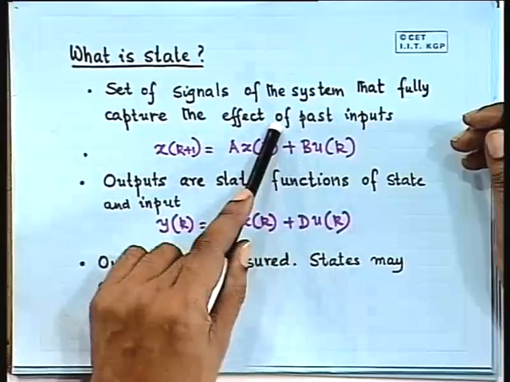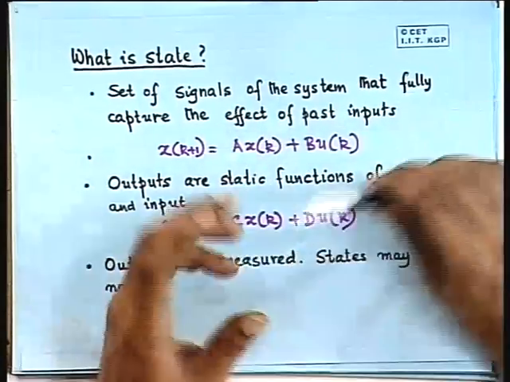People proposed models by which this property can be circumvented, and the concept of state came in. Now we say that if you know the states, then they hold all the information about the past. So you only need to know the state at a given point of time and the inputs from there on. The past is encoded into a finite number of quantities. That is the biggest advantage. So now you have x1, x2, x3, x4, up to xn, a finite set of quantities which will hold the effect of all the past inputs.